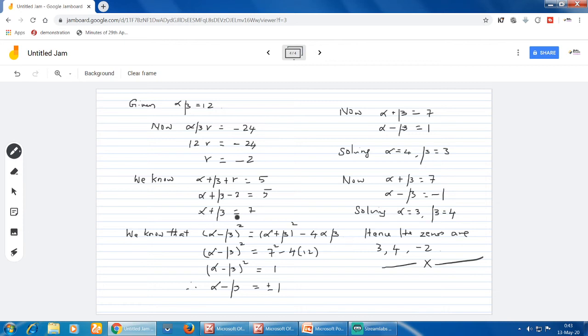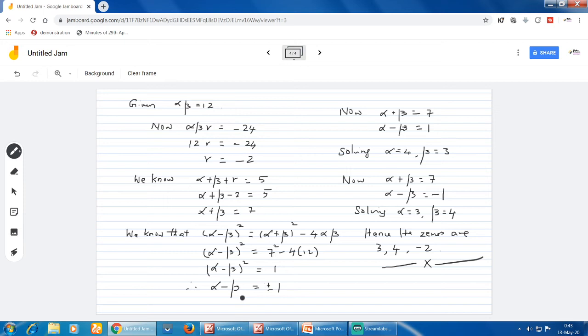Whenever you have alpha plus beta and need alpha minus beta, you can use this formula; in most of the sums it will come. So now alpha minus beta whole square equal to 7 square minus 4 into alpha beta, which is 12, so you substitute 12. So alpha minus beta whole square is 7 square, 49, minus 48, which gives 1.